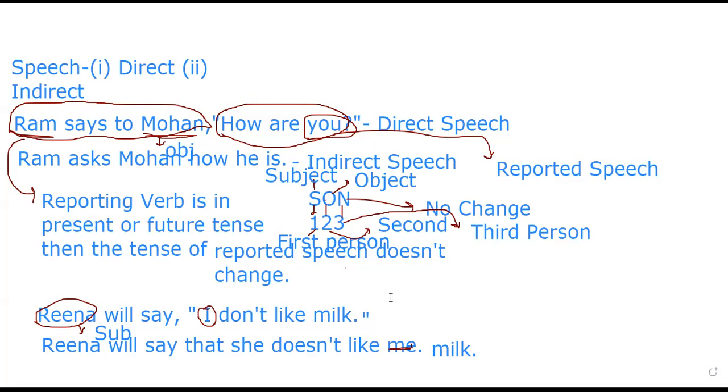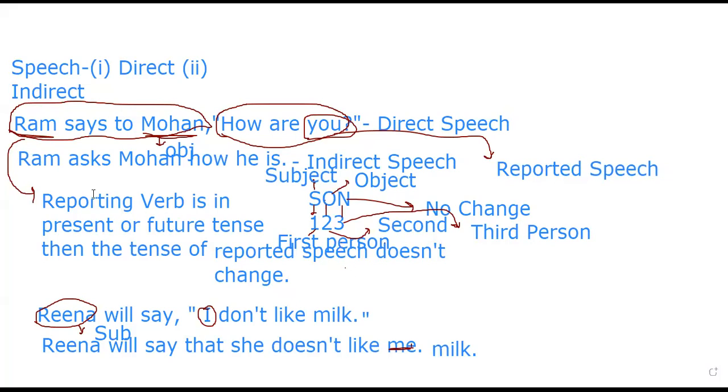According to what does the first person change? First person of reported speech will change according to the subject of reporting speech, okay? Second person of reported speech will change according to the object of reporting speech, and third person will have no change.